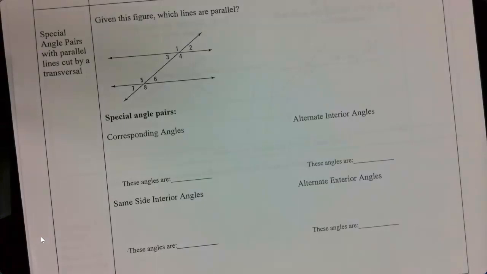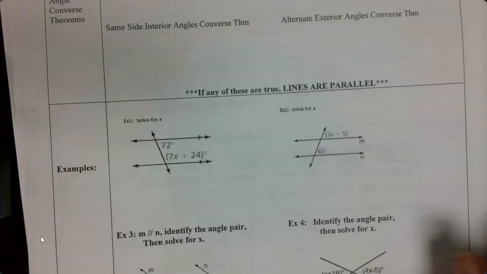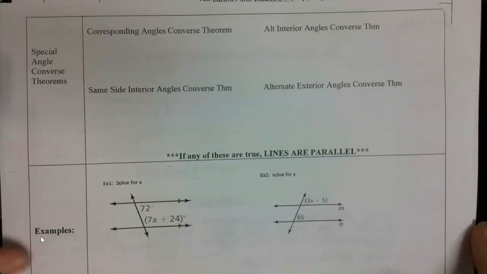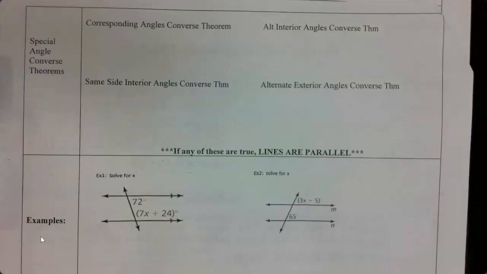So then I have my converse theorems. What these are is if I'm looking at lines and I don't know if they're parallel, if I have these angle pairs, if they exist, I can decide that they are parallel.